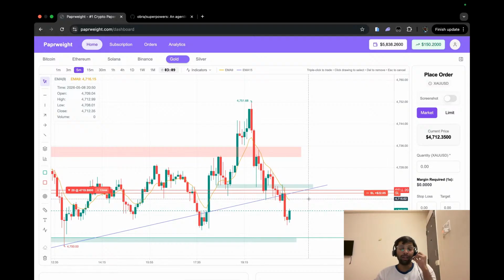Do you want to ride the trade or do you want to get scared of that pullback? And sometimes this pullback is also an indication that the market is trying to reverse, so you can book your profits, and that's a smart decision if someone takes that. But for a person like me who is process oriented, I will just wait for my target.